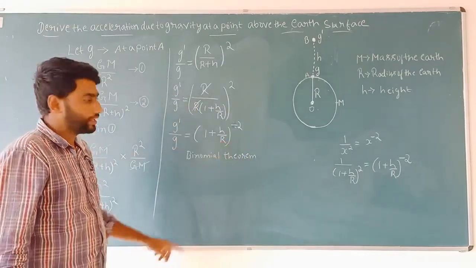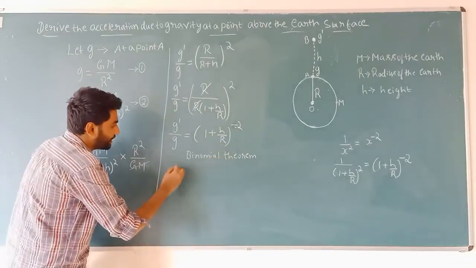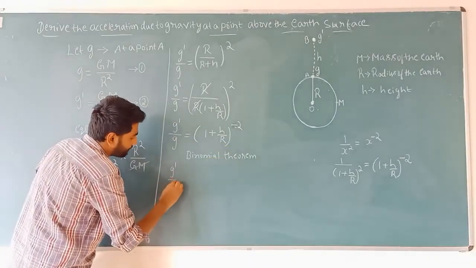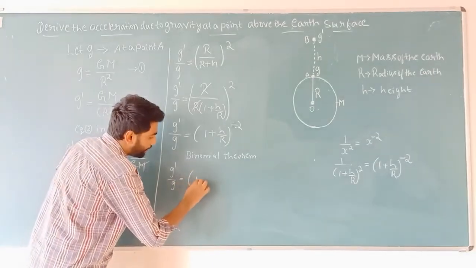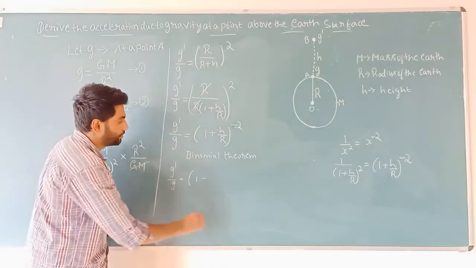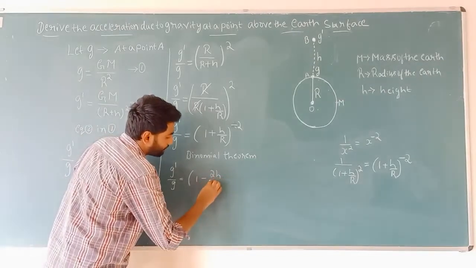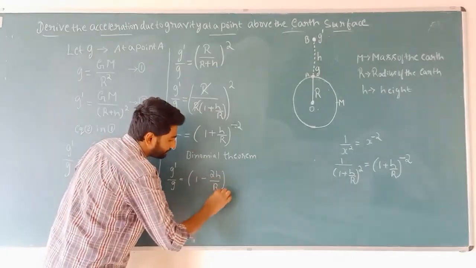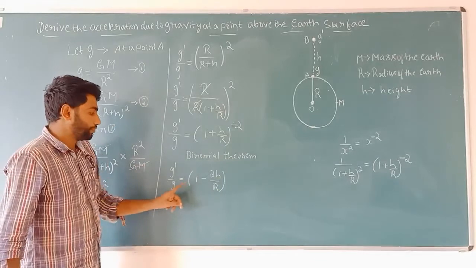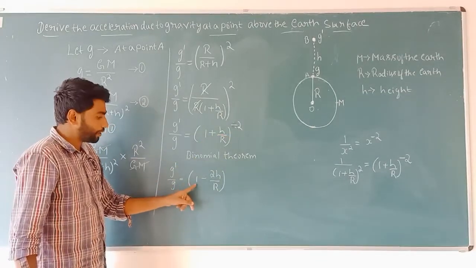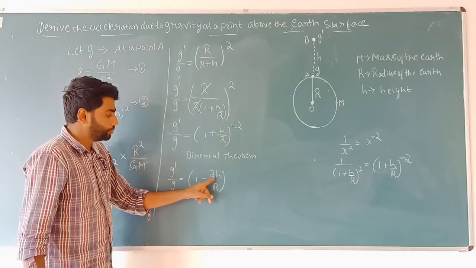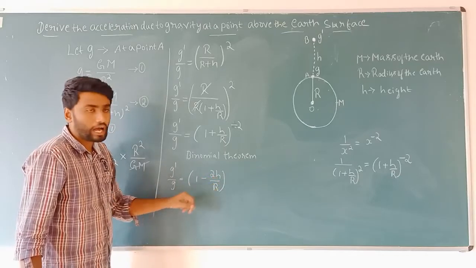for this expression, we can write g dash by g equals 1 minus 2h by r. By using the binomial theorem, this can be written as 1 minus 2h by r.